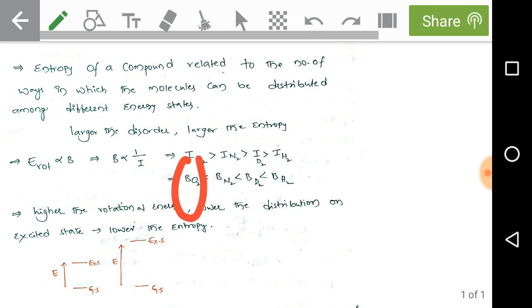In the given diatomic molecules, the rotational constant is lowest for O2, and that's why the rotational energy is less for O2. Whenever energy is small, the disorder is more in O2, and whenever disorder is more, the entropy is highest for oxygen. The answer is O2.